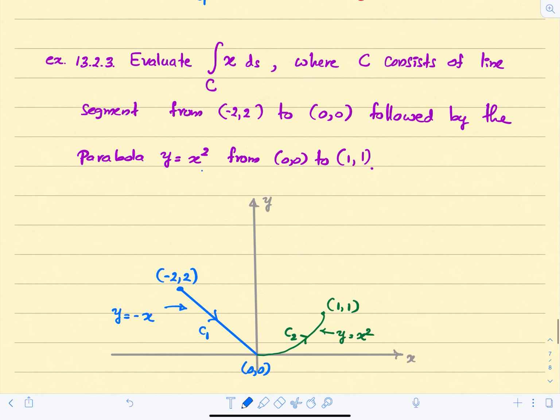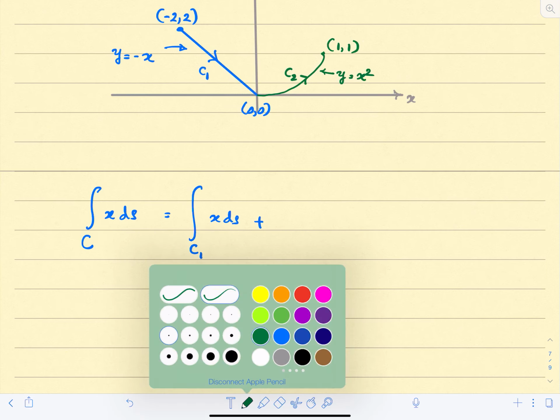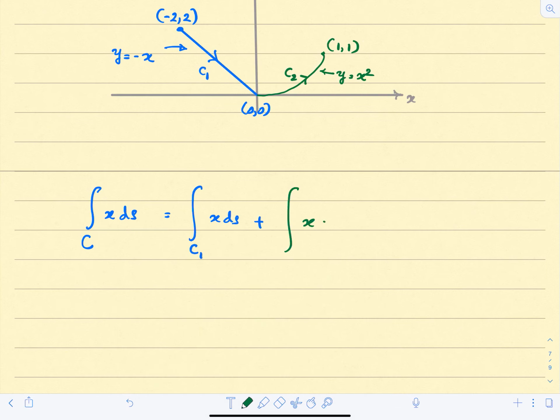Okay, now this line integral of x ds equals the line integral of x ds over the curve C1 plus the line integral of x ds over the curve C2.